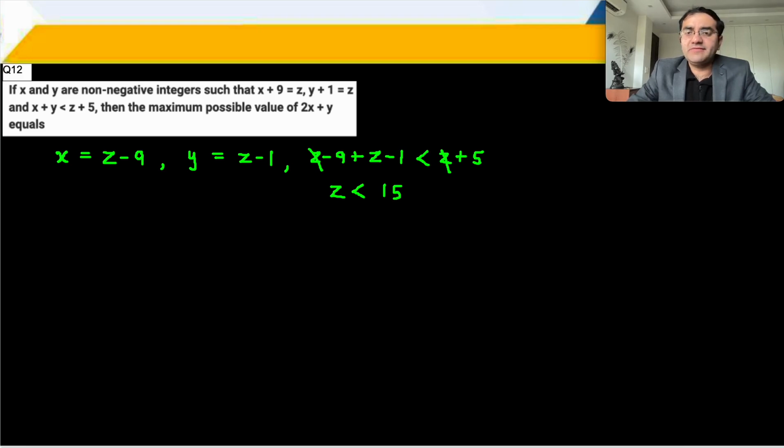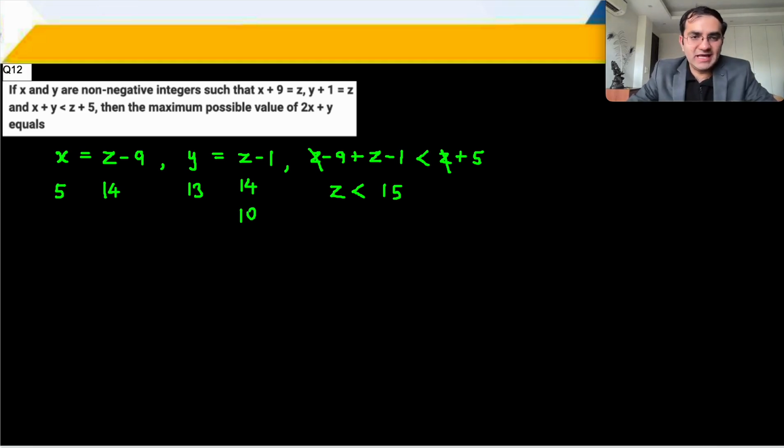Now find the maximum value of 2x plus y. Maximum will be when x and y are also maximum, and x and y are connected to z. So for example, z less than 15 is an integer. Let me take 14. When z is 14, y becomes 13. When z is 14, x becomes 5. Let me take another, smaller example.